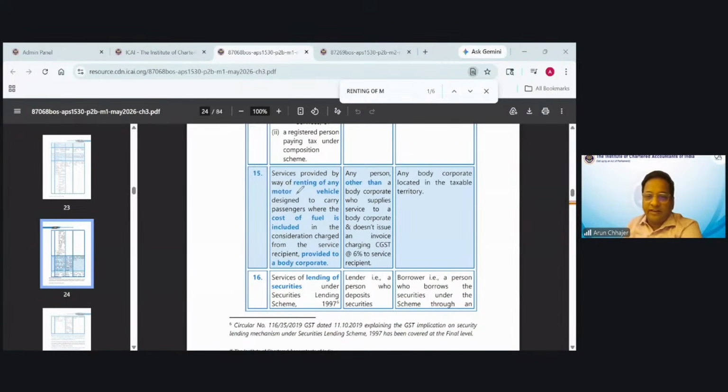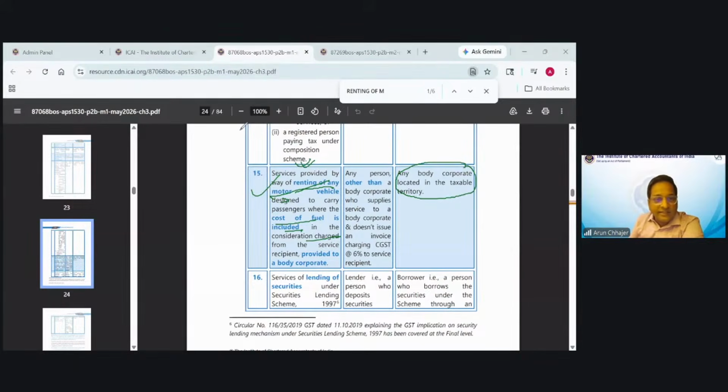Services provided by renting of motor vehicle. Satisfied? Yes. Designed to carry the passenger where cost of the fuel is included in the consideration. Whether the service category is same as given in the question. Yes, same. Satisfied. Now recipient, any body corporate in the taxable territory.